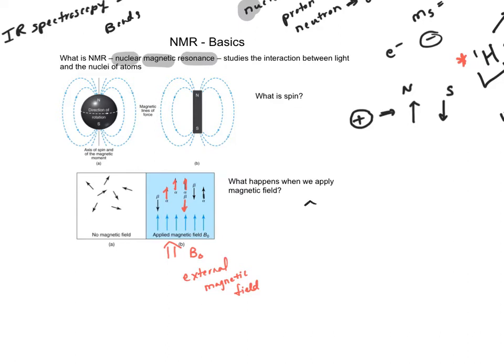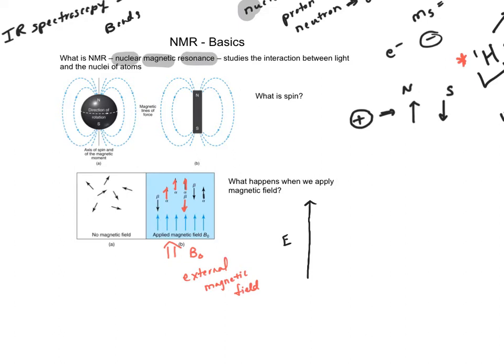So if we drew this using our common energy diagram, where we have energy on the y-axis, we have our little net magnetic moments, and we apply our magnetic field. Who do you think is going to be at a lower energy state? The nuclei that align with the field, or the nuclei that are repelled and align against the field? The one that goes with it.